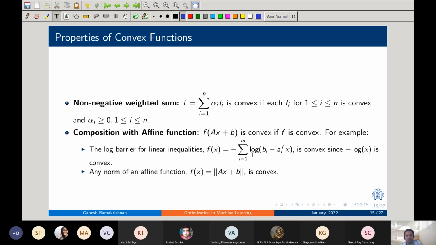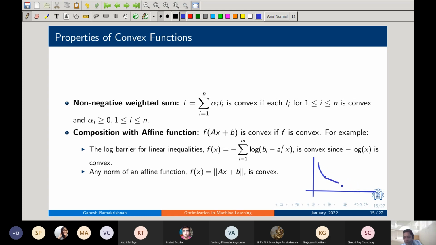So for example, if you know that minus log is convex, again we'll show that through some additional properties, but for the time being it suffices to visualize, right? So it basically is like this. Minus log x is convex.